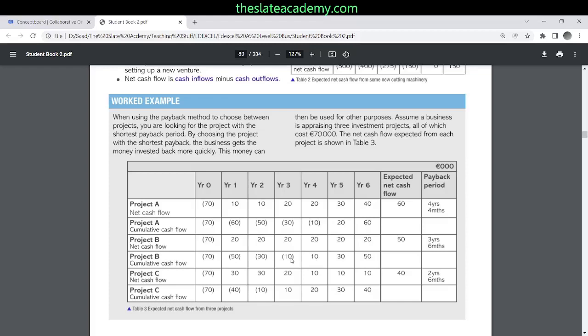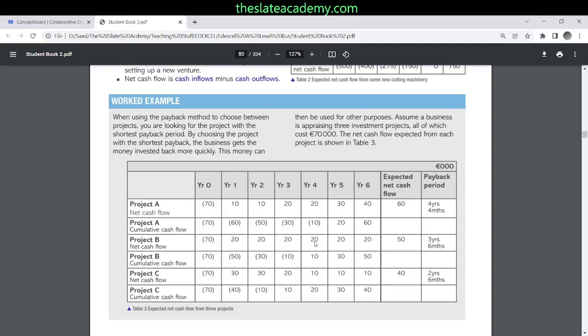So negative 10 divided by 20 into 12 will give you 6 months. Mazen, are you following this? Wait, repeat. This negative 10, the last negative cash flow. Yes, the last negative cumulative cash flow divided by the next year's cash inflow.